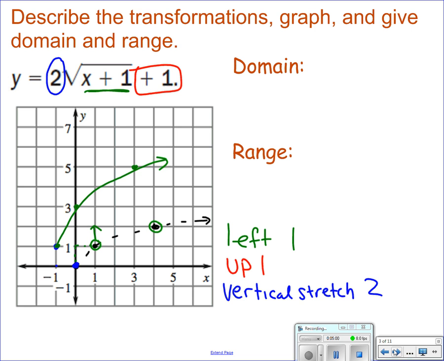Domain, what's the smallest x value? The smallest x value is -1, and it goes to the right. So therefore, x is going to be greater than or equal to -1. The range, it starts at 1 and goes up. So your range is y is greater than or equal to 1.